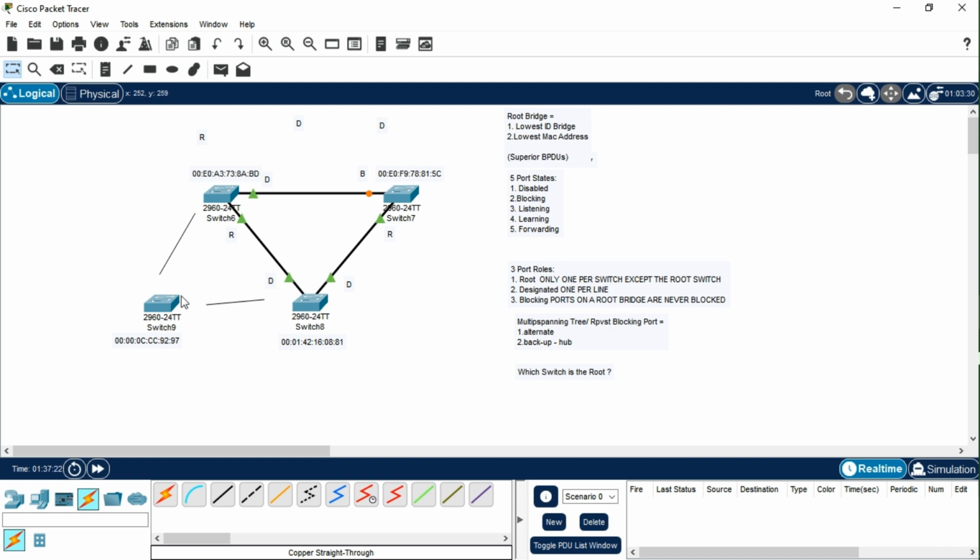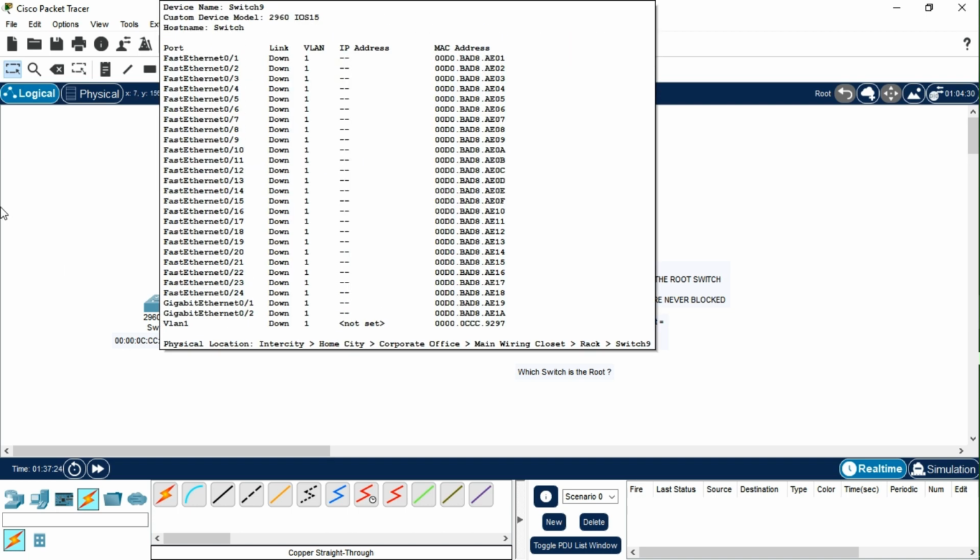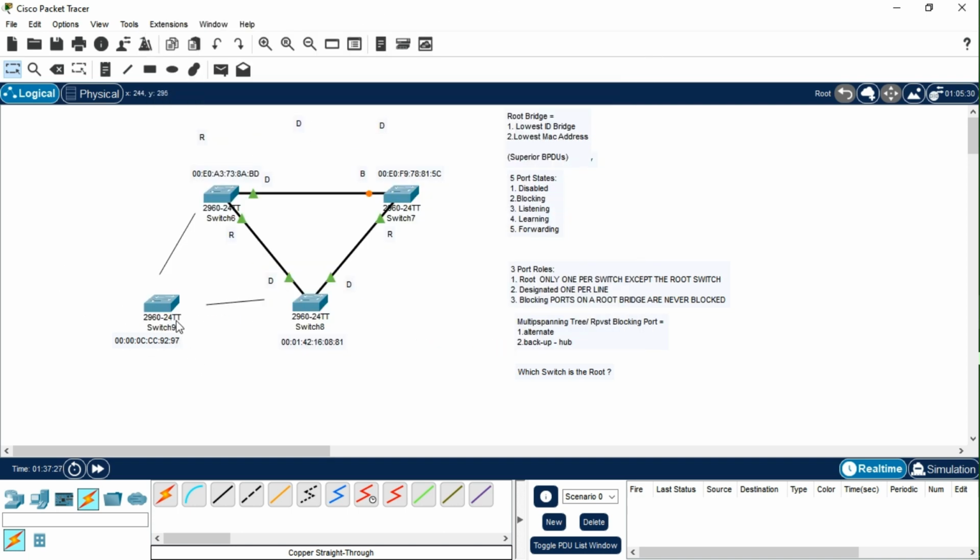If this here is my root switch, I'm gonna go back to my rules. Rule number one: only one root port, only one per switch except the root switch. So I know there's not gonna be any root ports here. Designated, there has to be one per line.